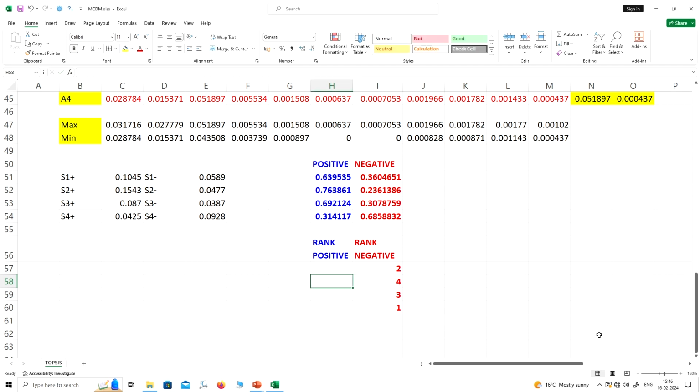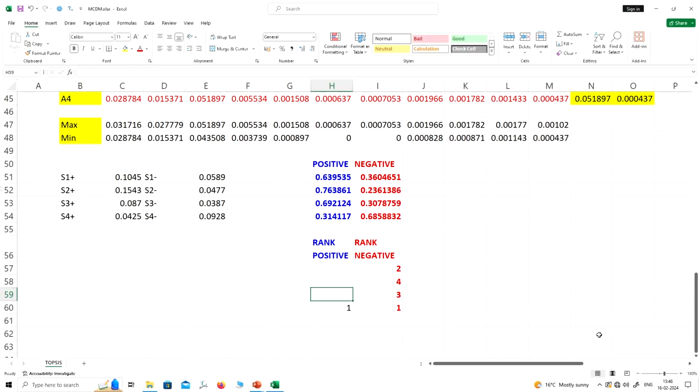Now, if I go into the positive direction, positive means the value, if it is 0, it is exactly on PIS. So, I have to basically take the minimum value. So, this is 1 because that value is 0.31, then the value comes out to be 0.63, then the value comes out to be 0.69 and the value comes to be 4.